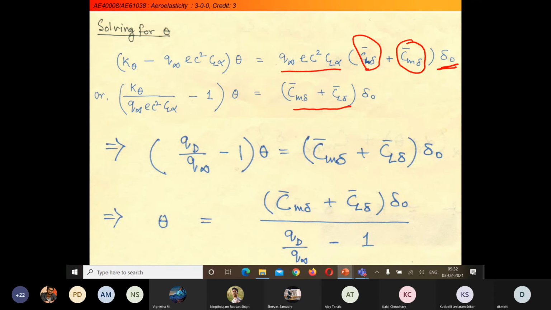Rearranging this expression again, as we have seen earlier, k theta by e c square CL alpha is QD, the wing divergence dynamic pressure. So I am taking that as the parameter here. So QD by Q infinity minus 1 is equal to Cm delta bar plus CL delta bar into delta naught. And then theta I can calculate.